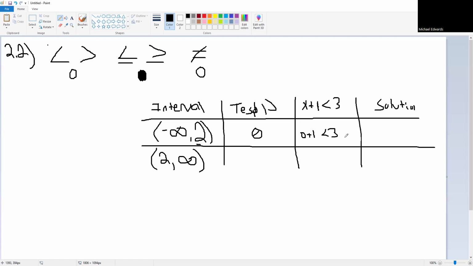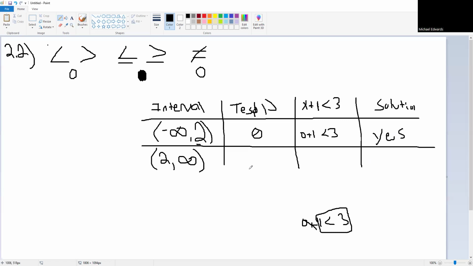Can we solve that? Well, let's find out. 0 just goes away, so we're left with 1 is less than 3. Is that true? Is 1 less than 3? Yes. So there is a solution.